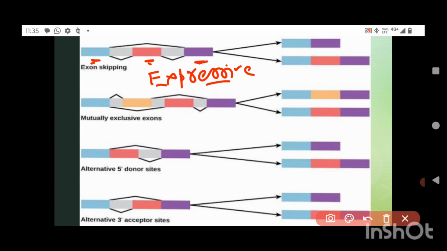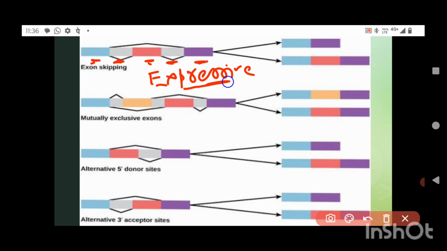In between the exons, there are introns, which are the inactive part, which does not carry any protein coding sequences. So, split genes have both coding and non-coding sequences. Coding or expressive sequences are called exons, and non-coding or inactive sequences are called introns.